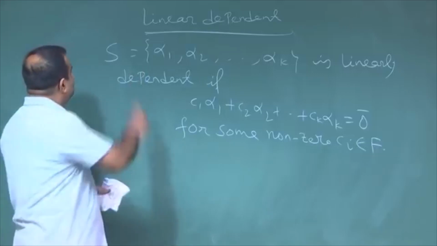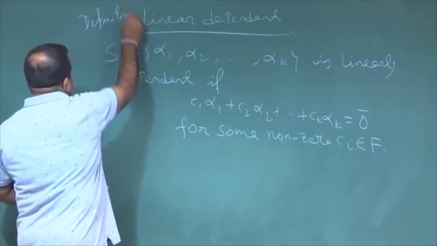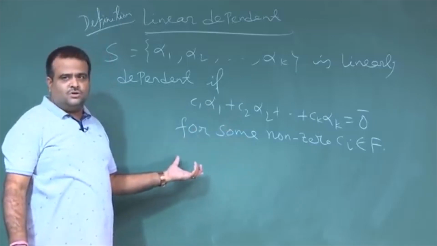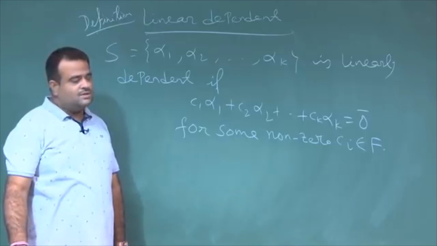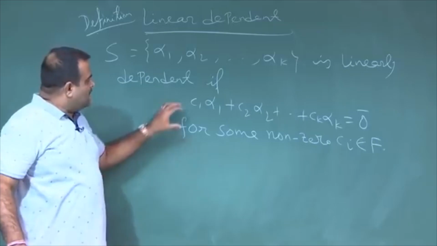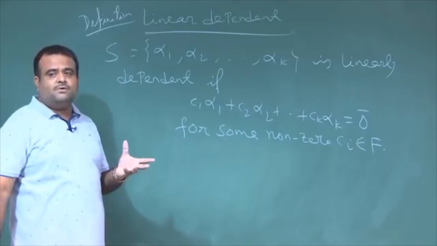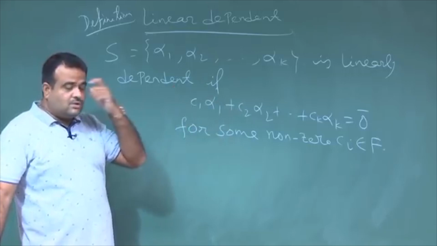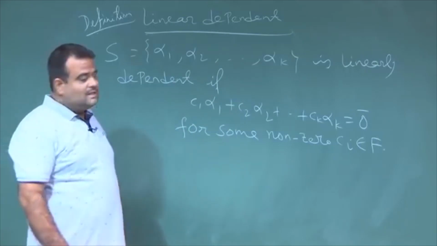This is the definition of linearly dependent. Now, if there exists some non-zero scalar for which this happens, then we call this a linearly dependent set. Now, when do we call it linearly independent? If this is 0 only when all c i's are 0, that means we are not able to find any non-zero c i's such that this expression gives us the 0 vector. Then we say this set is the linearly independent set.